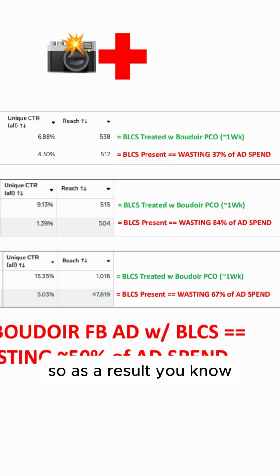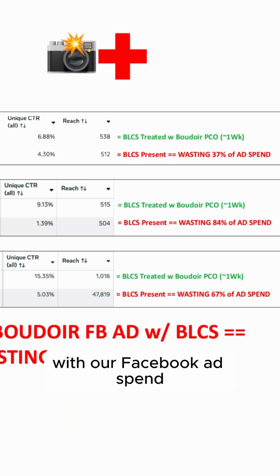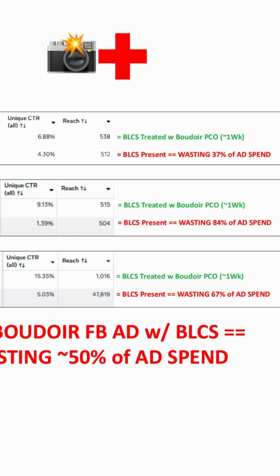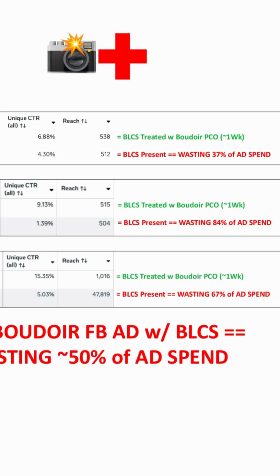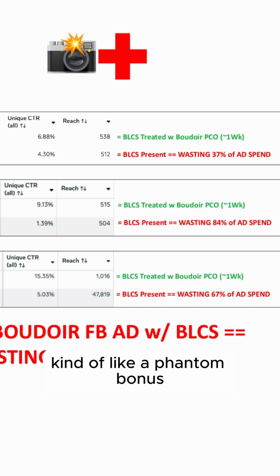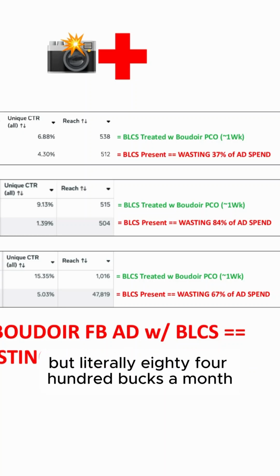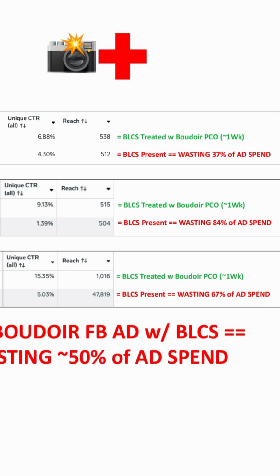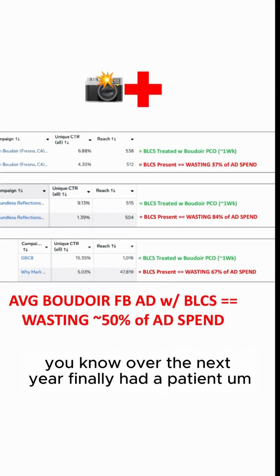As a result, we're eliminating $8,400 a month in wasted Boudoir Facebook ad spend. And the business owner actually pockets that every single month, kind of like a phantom bonus, phantom profit. They don't need to serve any clients, but it's literally $8,400 a month. That's like 100 grand over the next year. Finally had a patient.